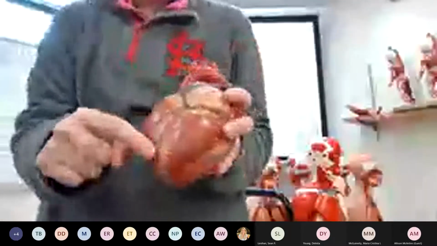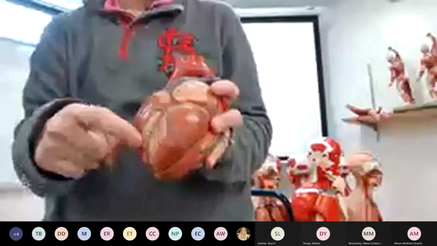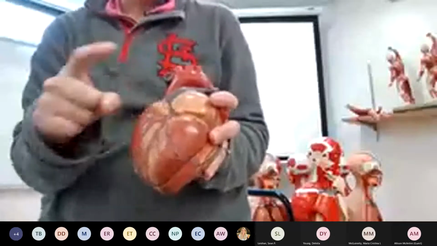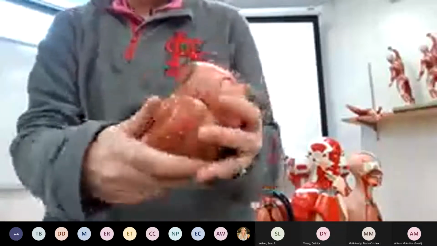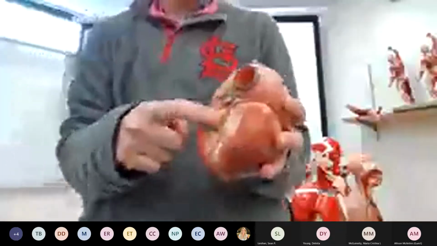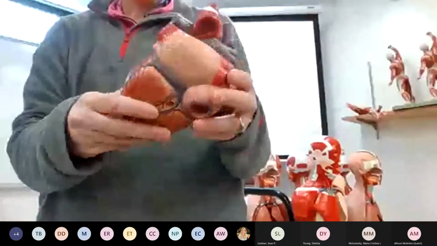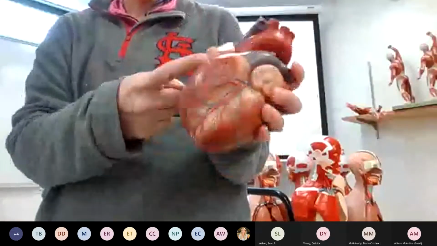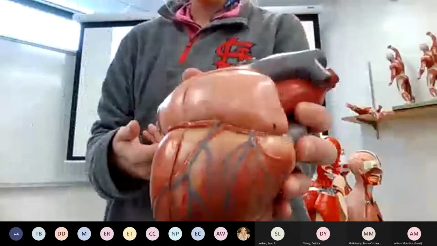For the veins, in the anterior interventricular sulcus, this is the great cardiac vein, and you have to say great cardiac, put those two words together. The one back here in the posterior is the middle cardiac vein, and then you have your small cardiac vein that normally runs with the right coronary, but this model doesn't show it.